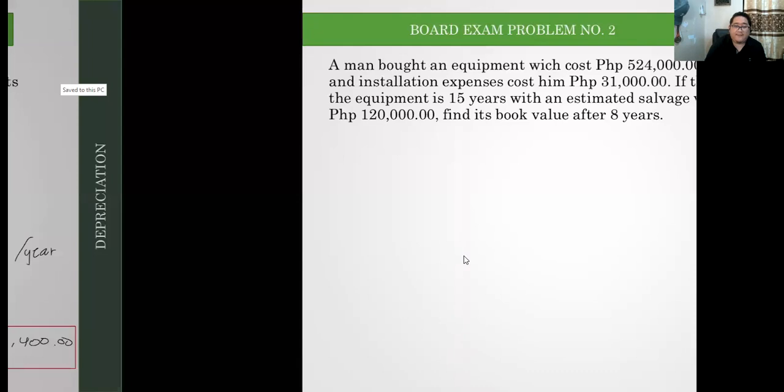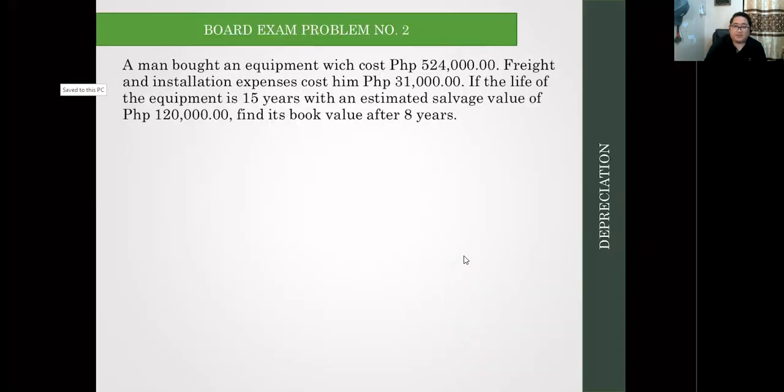Next. A man bought an equipment which costs 524,000. Freight and installation expenses cost him 31,000. If the life of the equipment is 15 years, with an estimated salvage value of 120,000, find its book value after 8 years. So, almost the same procedure. Now, we have freight and installation expenses of 31,000.